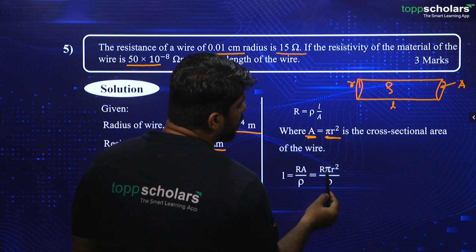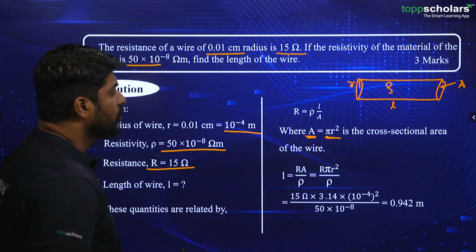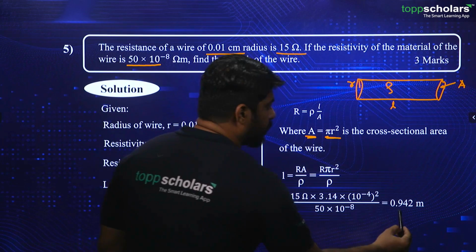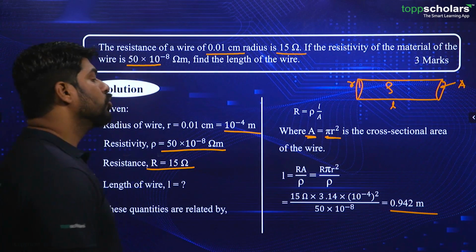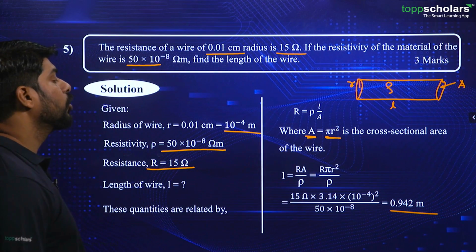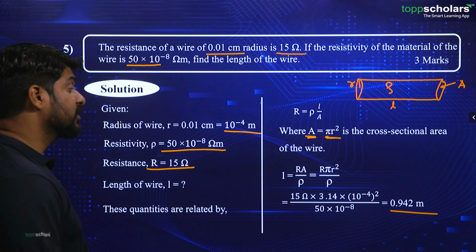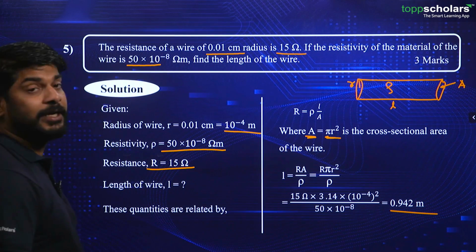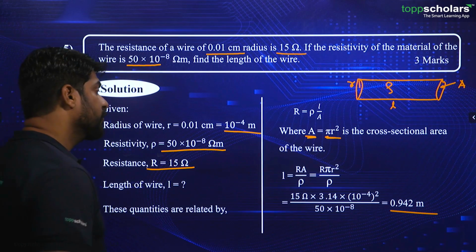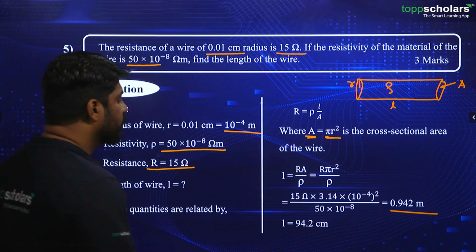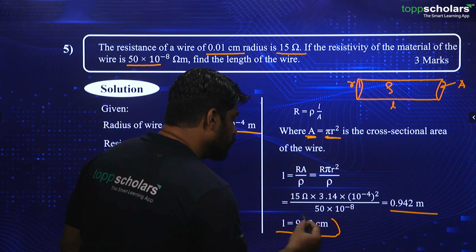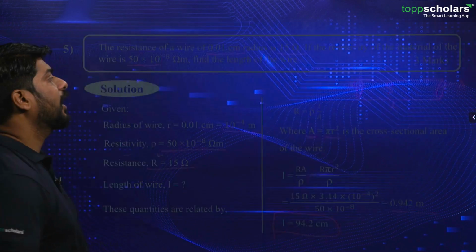So the value of A is pi r squared. Let's put all the numbers, and after putting all the numbers, we get 0.942 meters. That means it's approximately 94 centimeter wire. So L is equal to 94.2 centimeter, and that is our answer for this question.